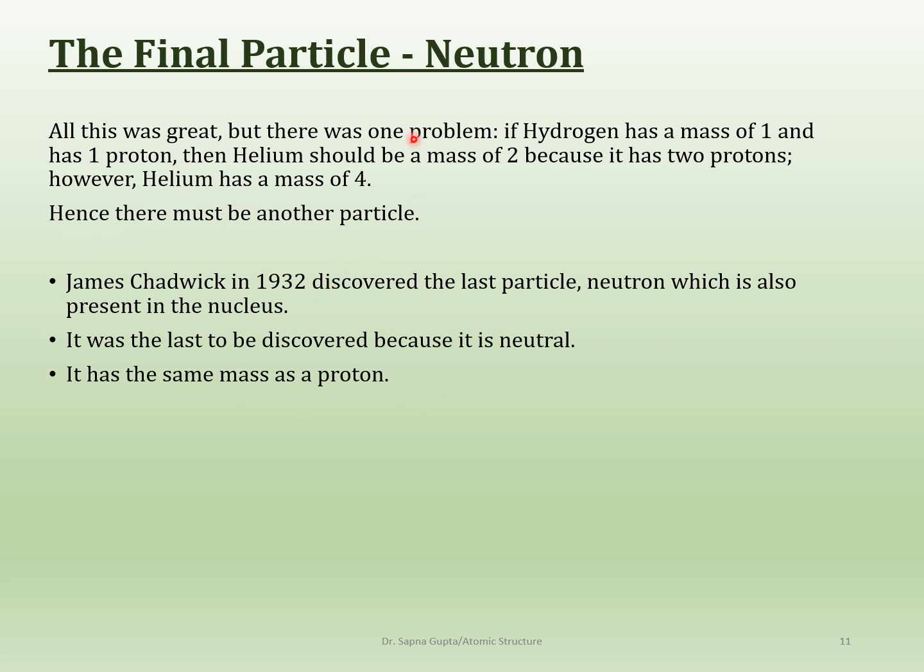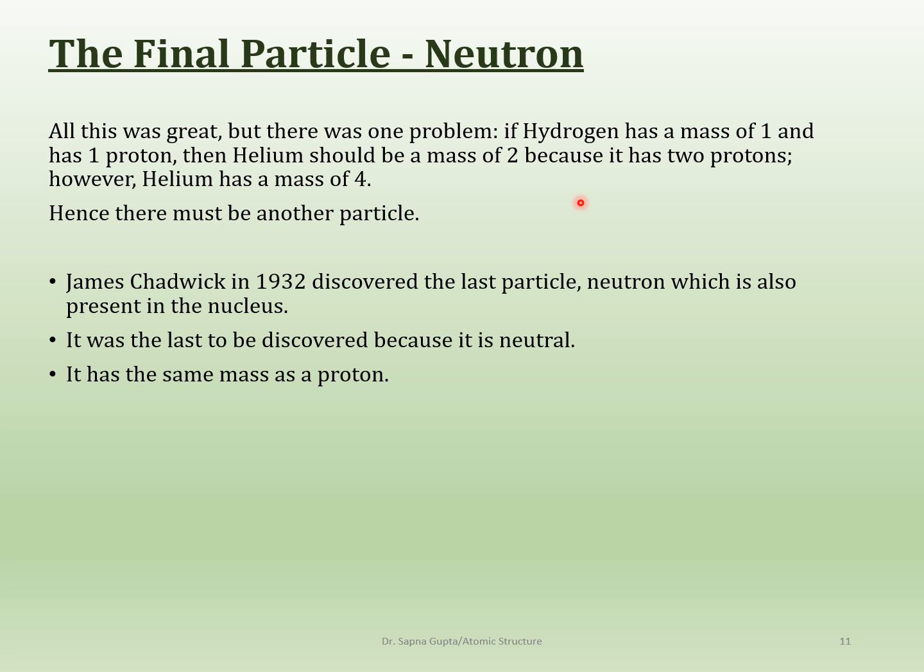The intriguing part about the discovery of the neutron, and the fact that there is some other particle in there, is the mass. Because when you look at hydrogen, hydrogen has a mass of 1, and remember I said proton is very heavy, so you're getting the mass from proton.